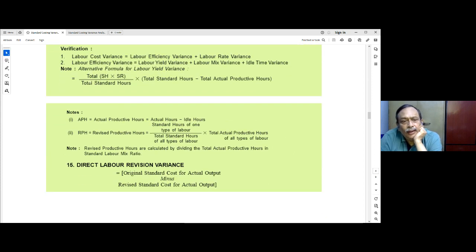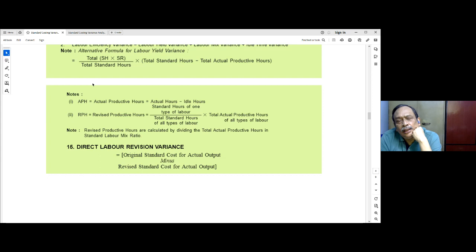Now, actual productive hours, that is actual hours minus idle hours, and revised productive hours is equal to standard hours of one type of labor divided by total standard hours of all types of labor, and this ratio is multiplied by total actual productive hours of all types of labors.